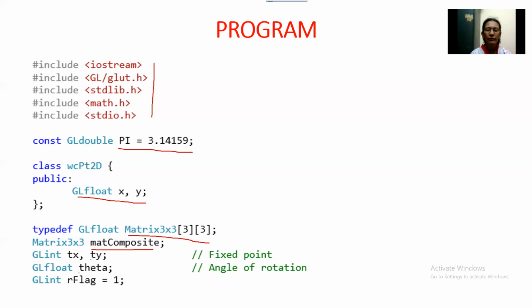Next, we have the angle of rotation theta. R flag is for the menu, the pop-up menu that you have, where you will have the options. By default, we are giving the value 1.